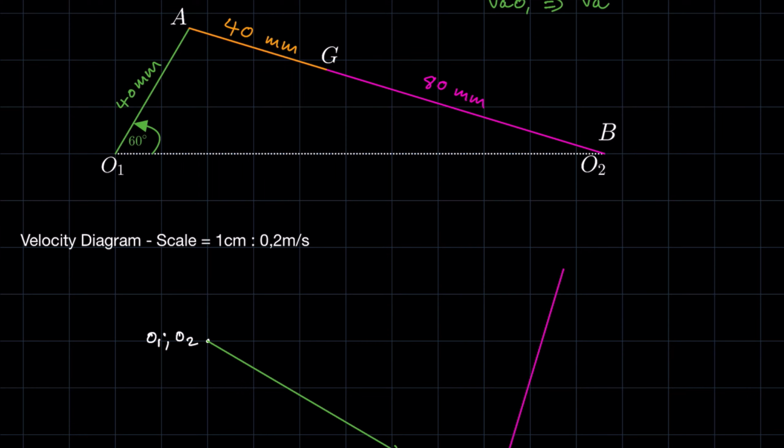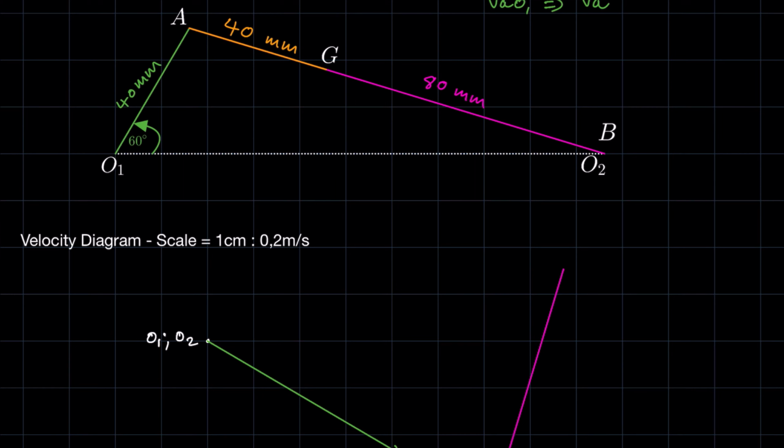So essentially at point B, you have the tangential velocity of AB as well as the velocity of B relative to O2. And remember what I said about if the frame of reference of a velocity is a fixed link, you can essentially take that velocity as an absolute velocity.